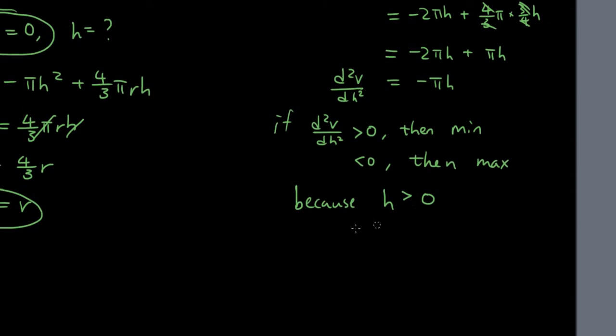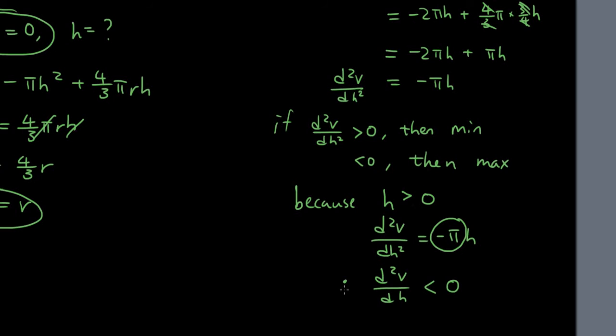So that's why, because h is bigger than 0, d²V over dh squared, the second derivative, is negative pi times h, which means that it has to be smaller than 0. Because we have a negative number, negative 3.14, times a positive number. Negative times positive, the answer must be negative.